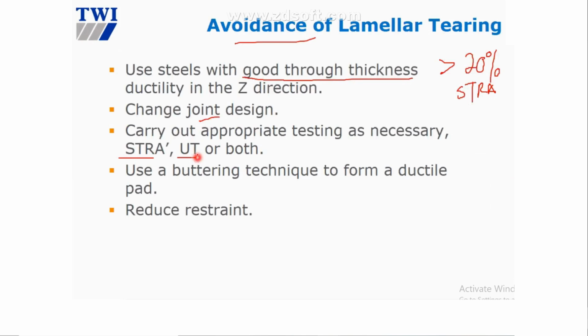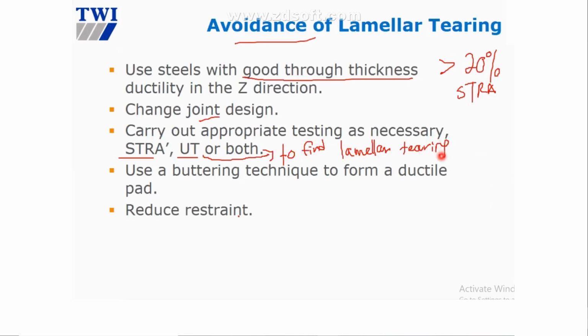UT is to find lamellar tearing, not to avoid it. UT to find and locate lamellar tearing.